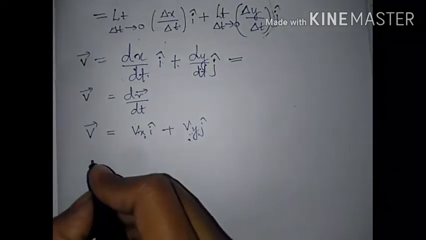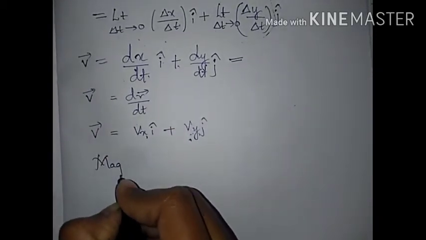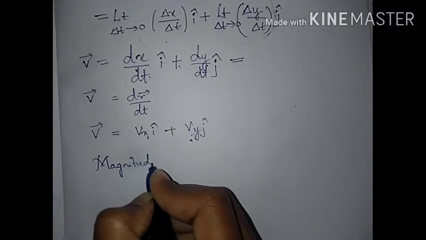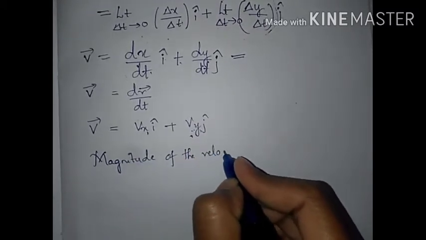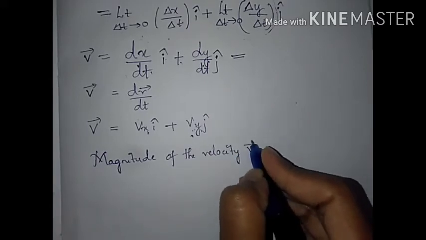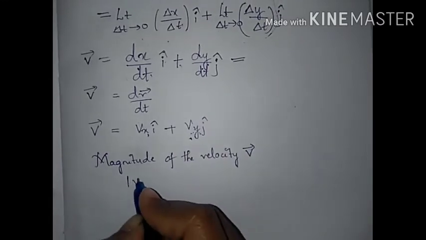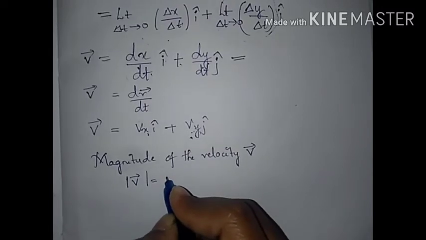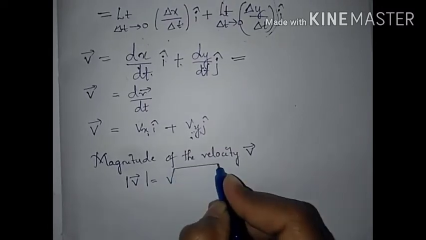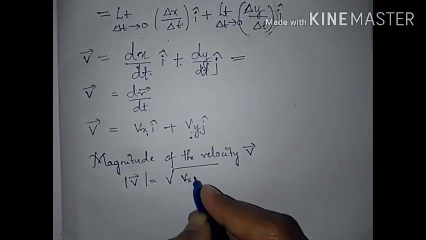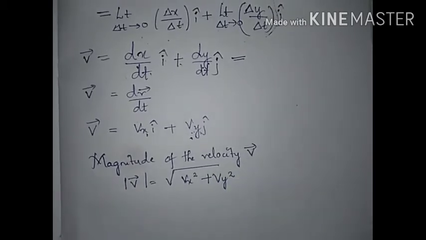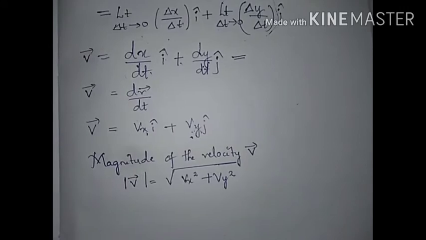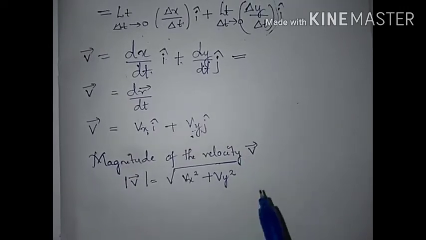Now if you want to write the magnitude of the velocity, V can be given as V is equal to root over vx square plus vy square. So this is the magnitude of velocity.